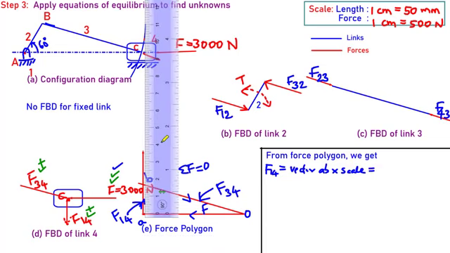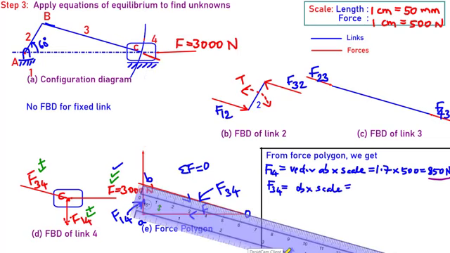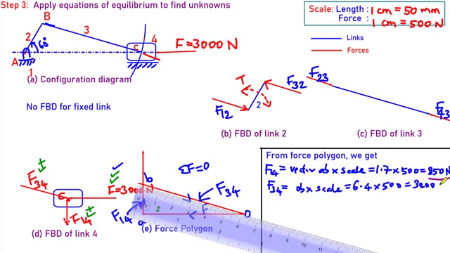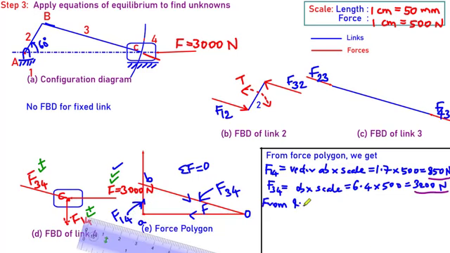For me, it comes around 1785 Newton. Similarly, I can find the other force F34 by measuring vector OB multiplied by the scale: 3200 Newton. From link 3, you can write F43 will be equal to F23, which will be equal to this F34. So we have got the answer.